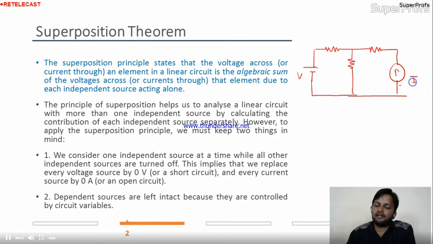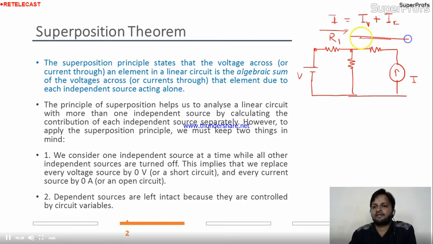This branch I am taking into picture. The current in this branch is suppose I. So according to the superposition theorem, this I will be nothing but the I provided by this source V plus, this is the algebraic summation, meaning we'll consider the direction also, plus the current provided by the source II. This is nothing but the superposition theorem.